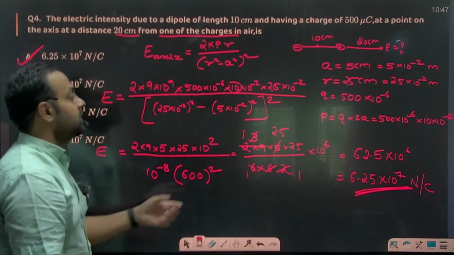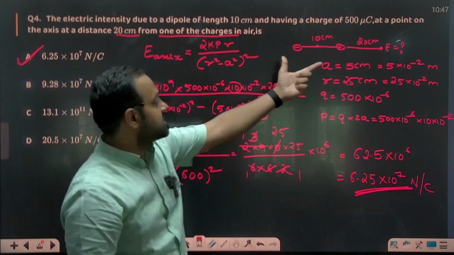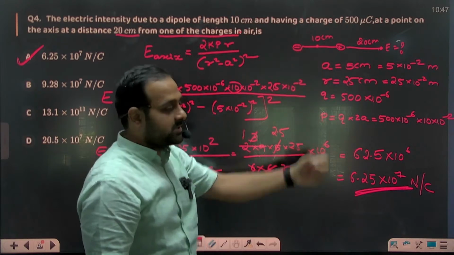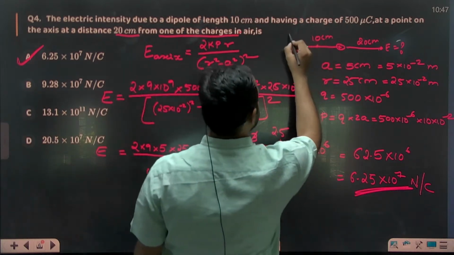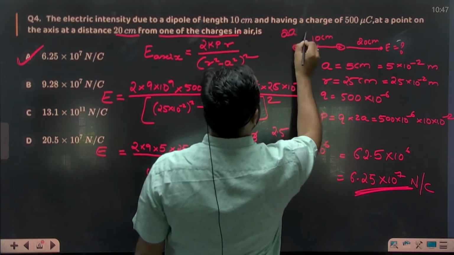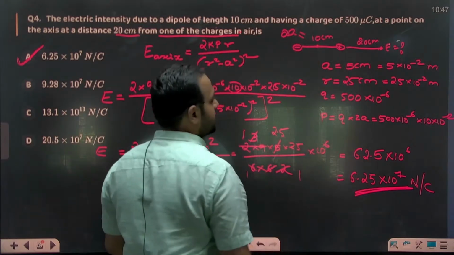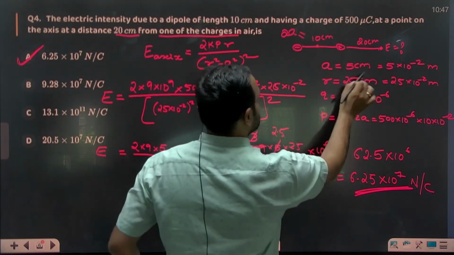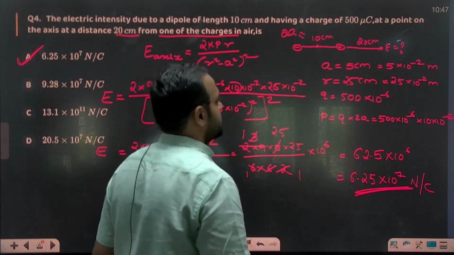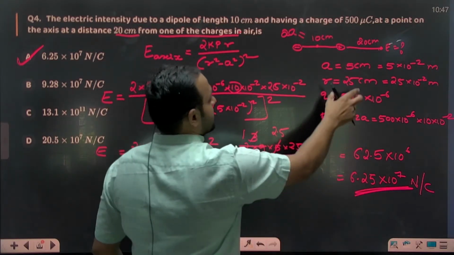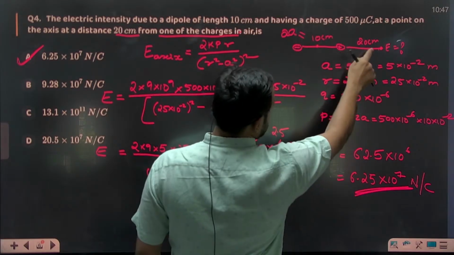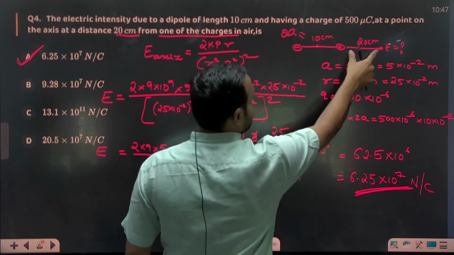Yes, dipole is given, plus and minus. Distance between them is 10 centimeters, so 2a is equal to 10 centimeters, and a becomes 5 centimeters. Because the point is at 20 centimeters from one of the charges, R will not be 20.